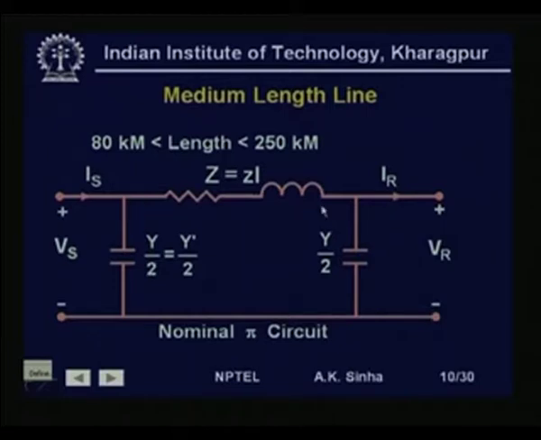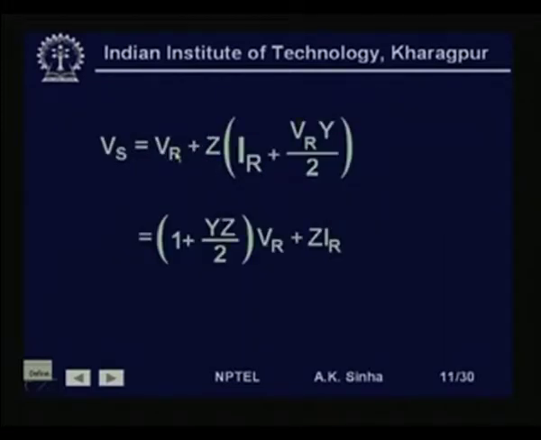That is what we are writing: Vr is the receiving end voltage plus the drop, and the drop is Z into Ir plus Vr Y by 2. Here Vr Y by 2 is the current flowing in the charging admittance of the line placed at the receiving end. So, Vs is equal to Vr plus Z into Ir plus Vr Y by 2.